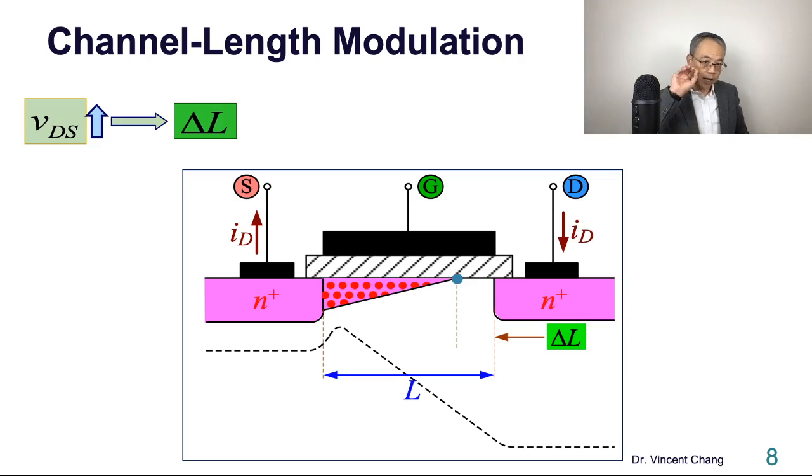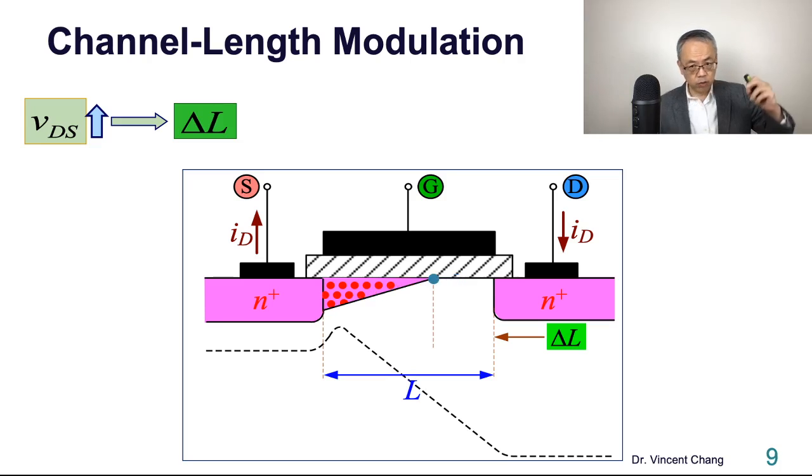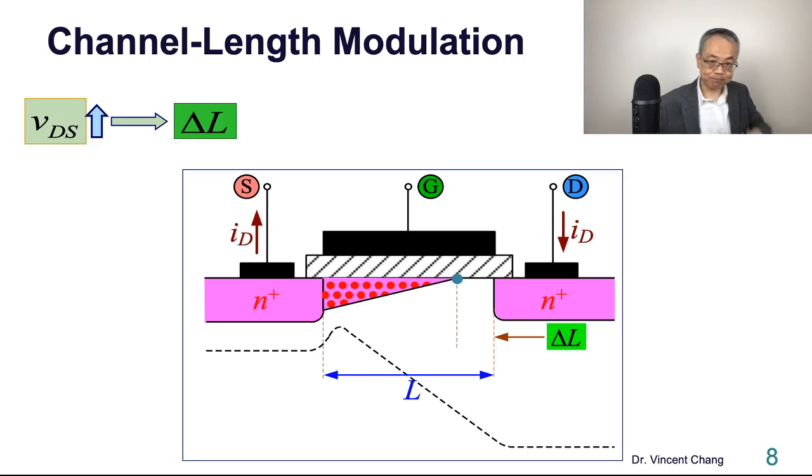Anyway, when we increase VDS, then delta L will increase. Pay attention to the pinch-off point: the pinch-off point will move toward this end. I said that the depletion layer will also increase along the vertical direction, so it's widened this way and this way.